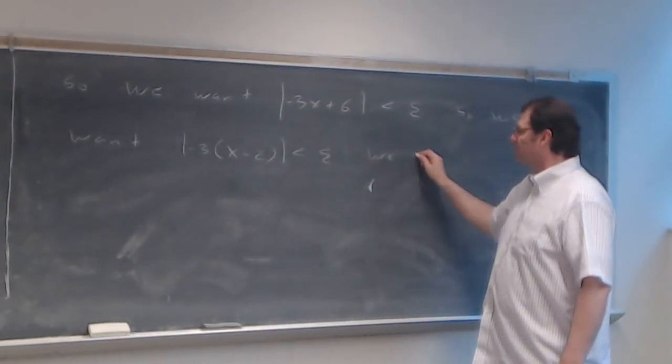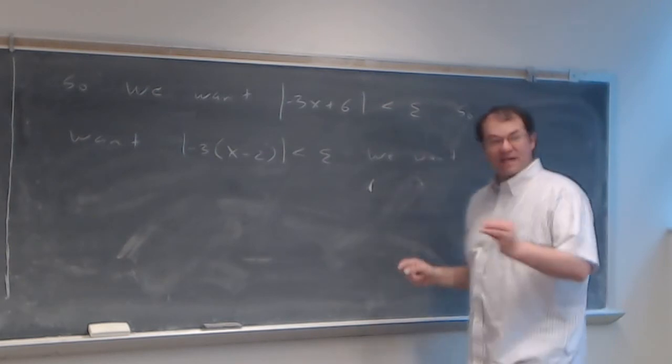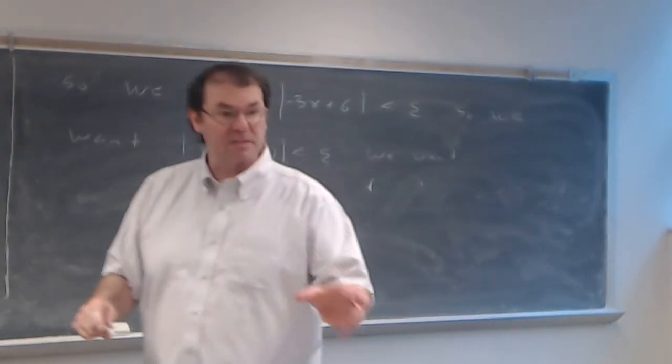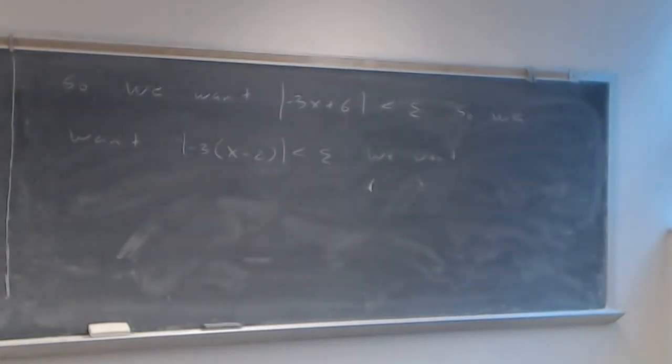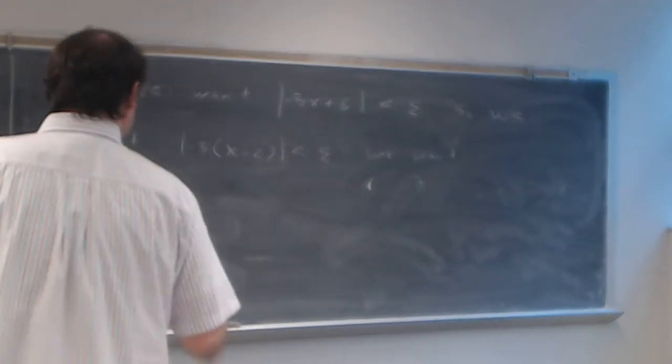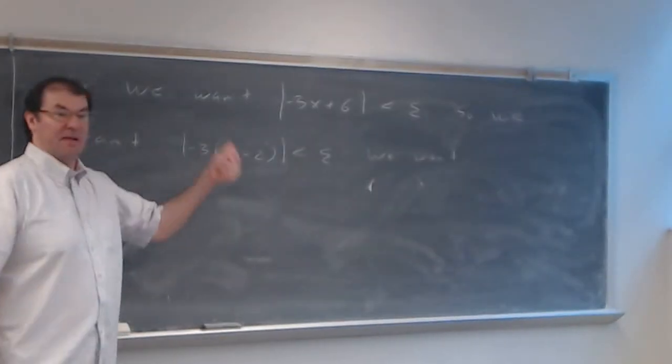So I want to clearly state what it is that I want as opposed to what I know. I haven't really proven anything. What I'm trying to do is narrow down what it takes to be sufficient for us to prove what we're looking to do. So if I can get the absolute value of minus 3 times the quantity x minus 2 to be less than epsilon, I'd be in good shape.